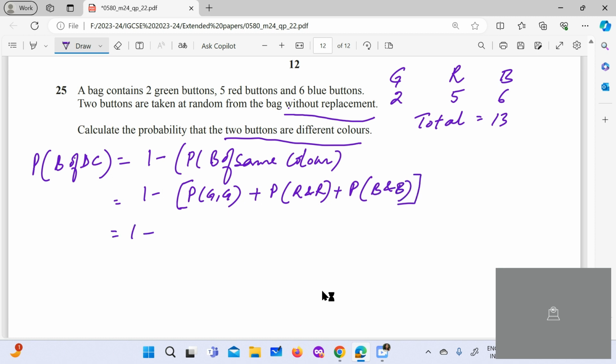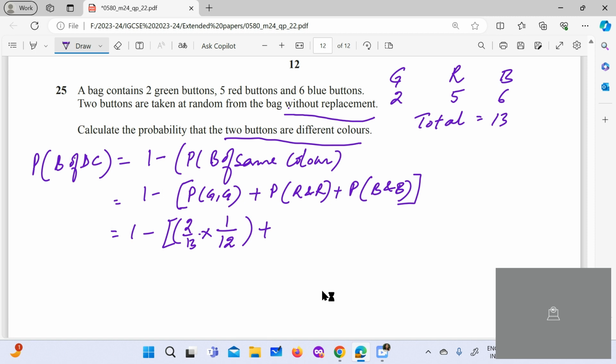So 1 minus the probability of getting green. When you take one button the first time, it will be 2 over 13. Now your question says that this is without replacement. So when you take another button, the total number of buttons will reduce to 12, and only one green button is left, so it will become 1 over 12.